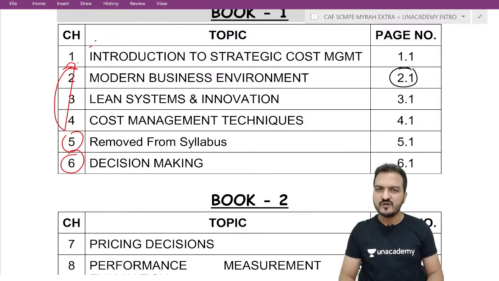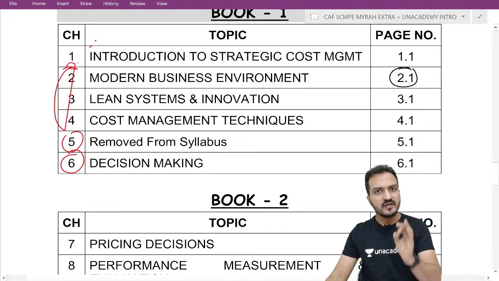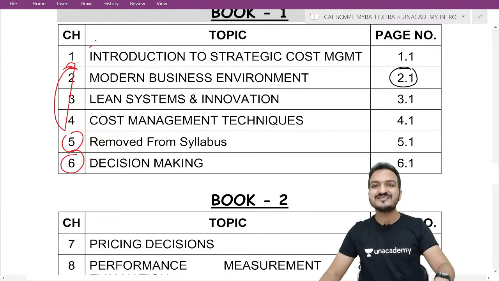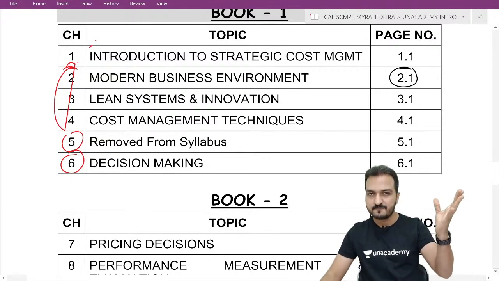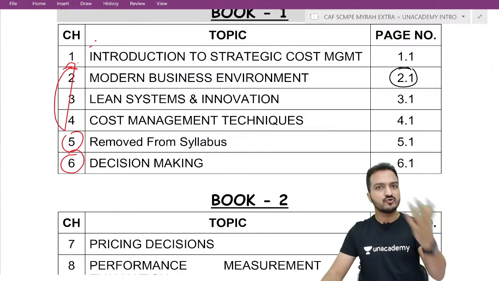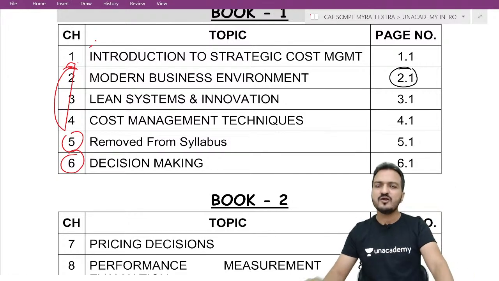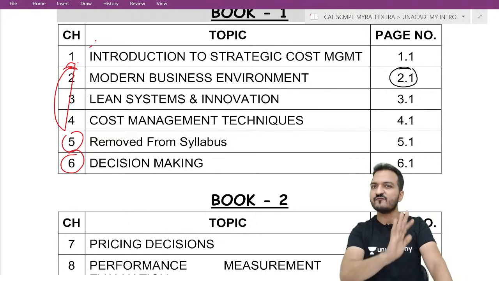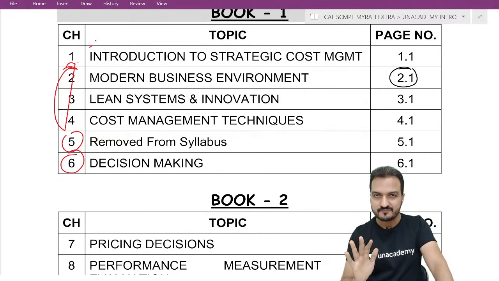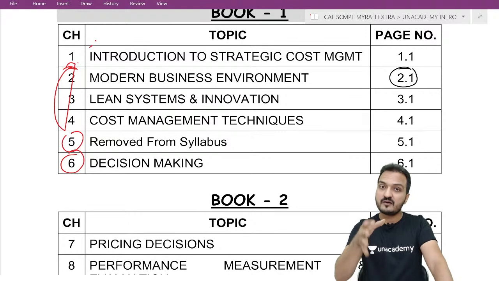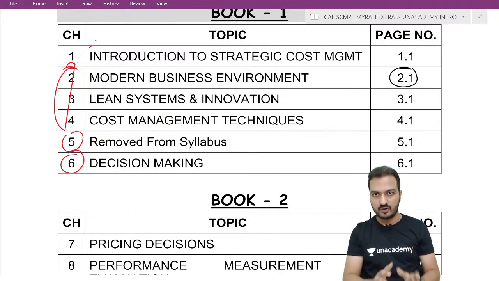But there will always be 15-20% of the paper coming from outside. Whatever comes from outside, you cannot prepare for. Not possible. So you have to prepare only the things from the book.